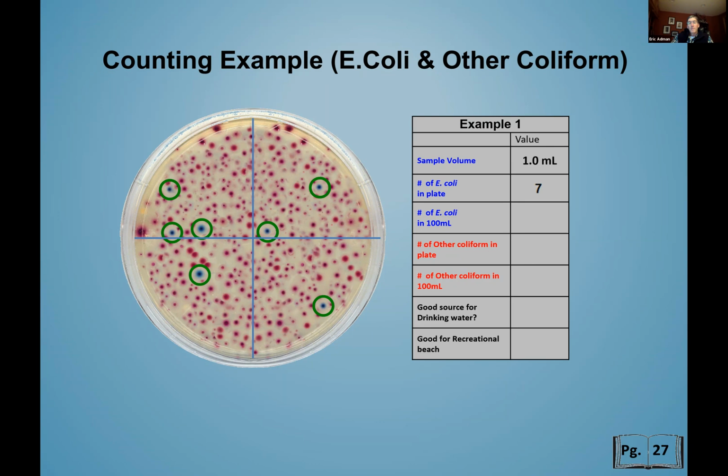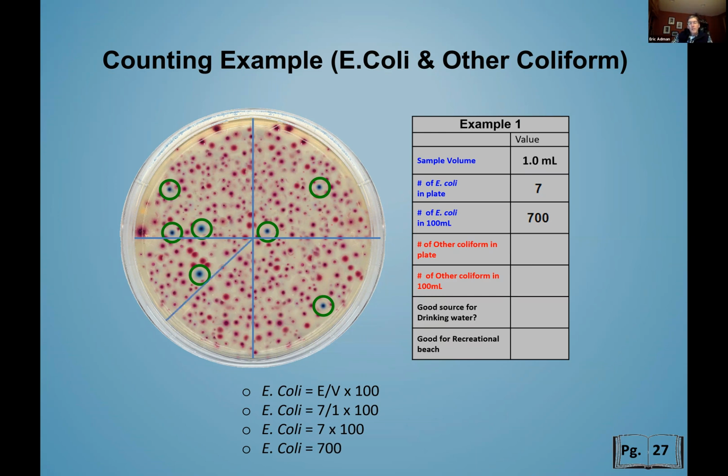Remember, our standard is how many colony forming units we have in 100 milliliters. So doing the math, in a 100 milliliter sample, we would have 700 E. coli colonies. Obviously that would not be safe for contact by Washington State or Global Waterwatch standards.